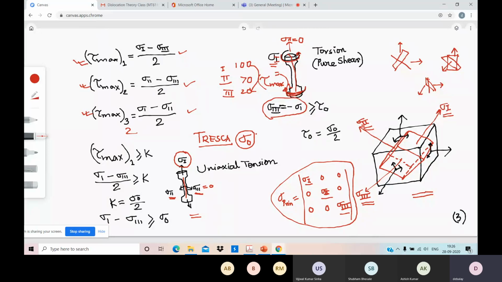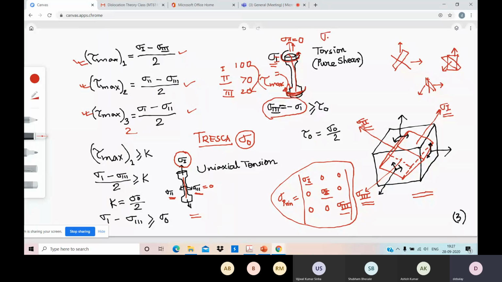If I ask you when yielding occurs in a uniaxial tension, what would be the answer? When yielding will occur in a uniaxial tension, in a tension test, the answer is when the maximum principal stress sigma 1, which is your applied stress, exceeds sigma naught.